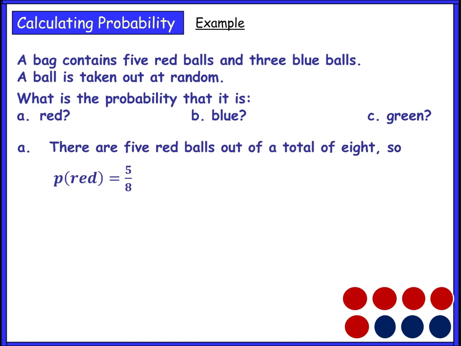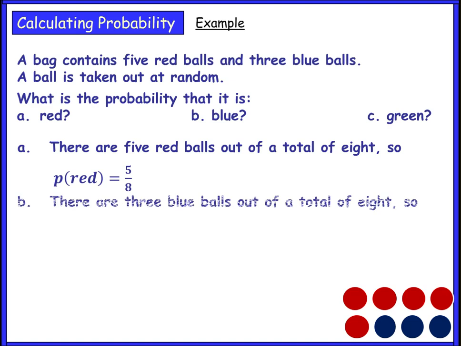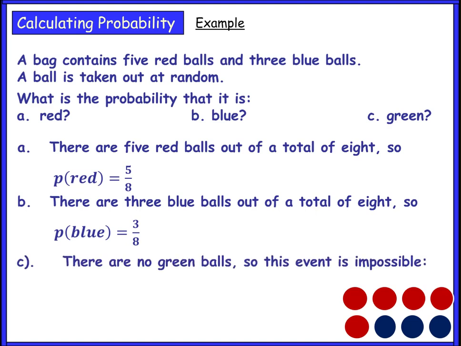We have 3 blue out of 8 altogether. So we write probability of blue is 3 out of 8. And the probability that it's green is impossible. We don't have any green balls in there. So probability of green, or P(green), is 0 out of 8, which is just 0.